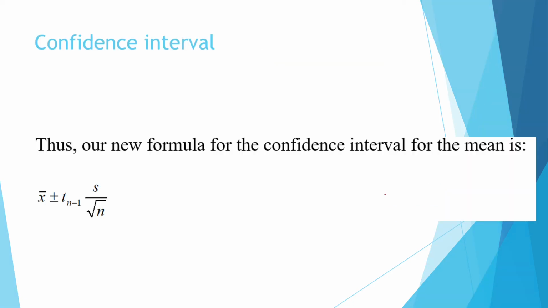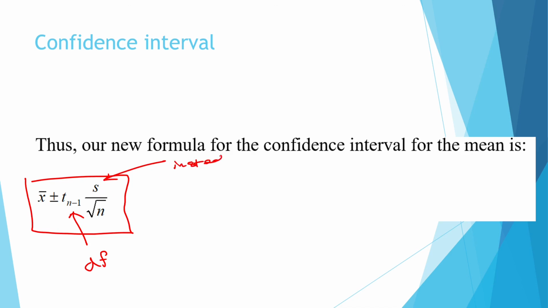Thus, our new formula for the confidence interval for the mean is x bar plus or minus t sub n minus 1 times s over the square root of n. This n minus 1 here is going to be our degrees of freedom. And notice here we're using the sample standard deviation instead of sigma.